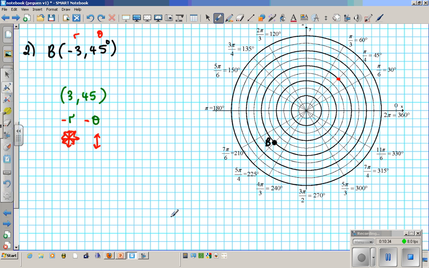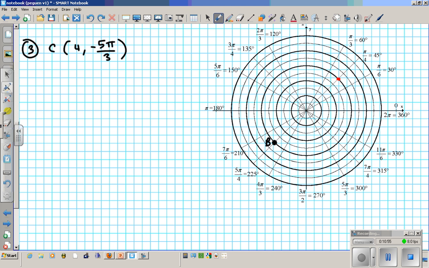Alright, let's try another example. Example 3. Right now we're going to graph point C, which is (4, -5π/3). Okay?